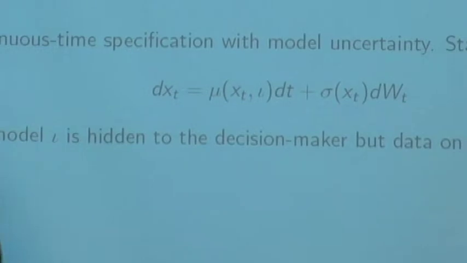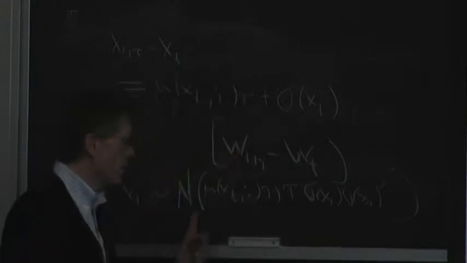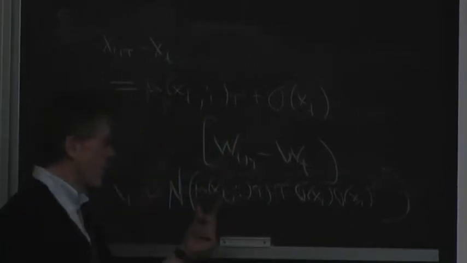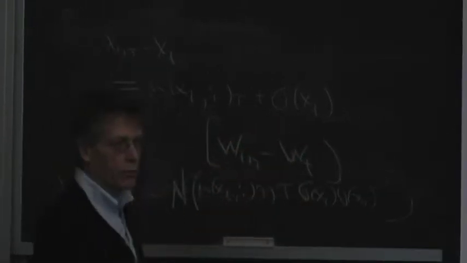So this is a so-called increment of a Brownian motion. And a Brownian motion has the fact that if I take differences, the variance is given by how much time has elapsed. So the variance here is going to be tau times sigma of xt, sigma xt prime. So both the mean and the covariance matrix scale by the amount of time that's elapsed.